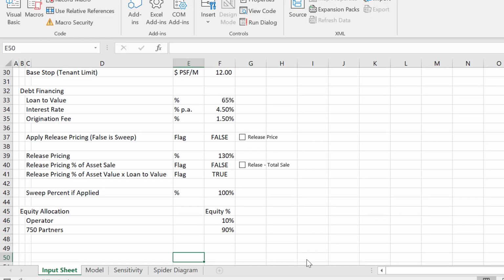And then maybe we should do this initial hurdle rate.